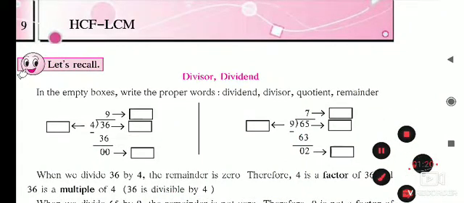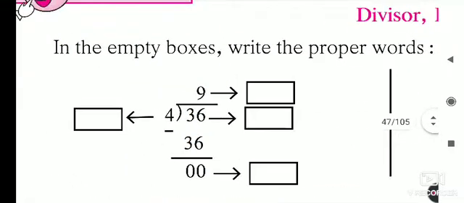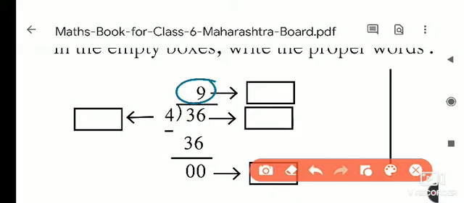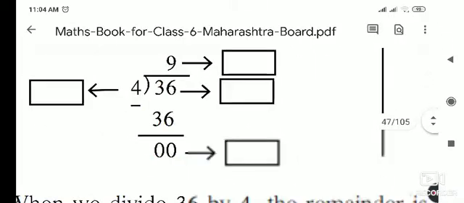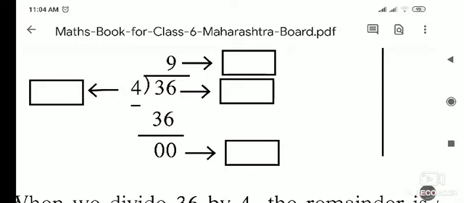Okay, so if you see here, one division is given. Inside it, 36 is divided by 4. 4 nines are 36, so 9 is here, and if we subtract 36, here it is 0. We have boxes here and we have to write the name of each place of those numbers where it is located.